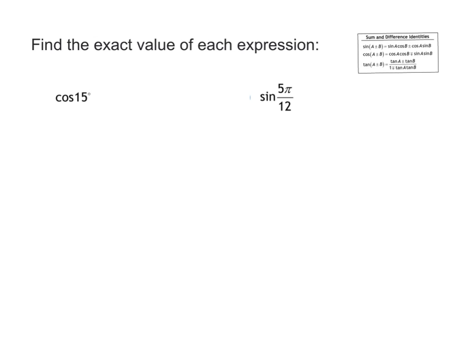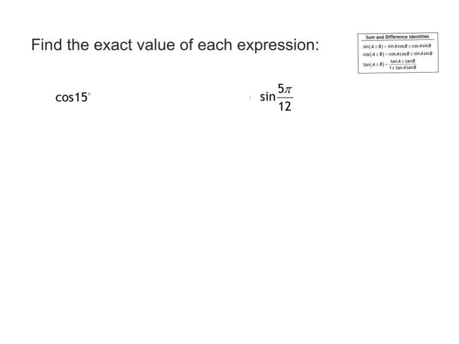But this is different because now we have cosine 15 degrees, which is not a multiple of one of those numbers, or cosine 5 pi over 12, and we haven't done twelfths before. Because they're not special angles, they're not in the special triangles. So what we're going to do is use the sum and difference identities to change those into values that are special angles.